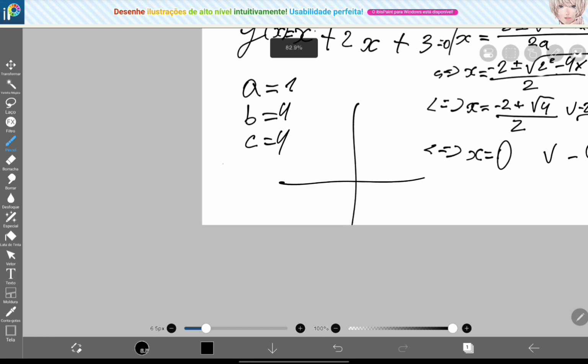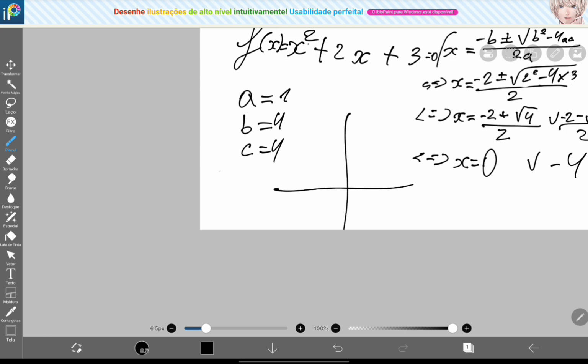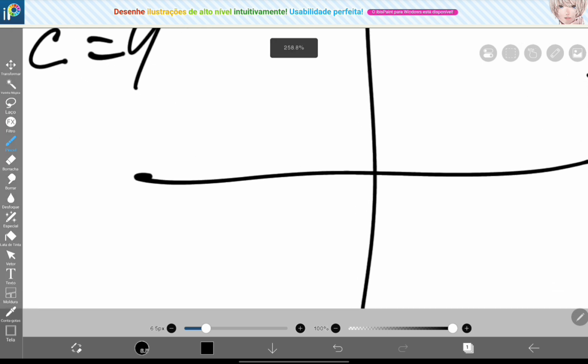This is our graph, and we don't know where it is though. Unfortunately, we kind of do if we know the zeros actually. What's between? Okay, let's just do what's between 0 and minus 4. So let's think. 0 is here, here is 1, here's 2, here's 3, and here's 4.